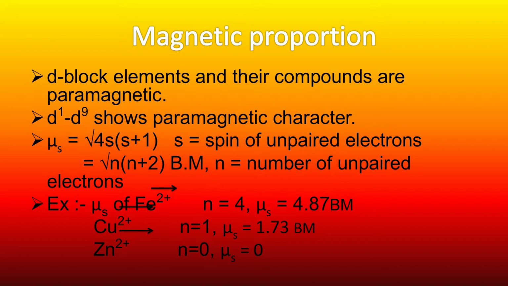At the same time, the same electron also spins around its own axis, and because of that spin, it generates another magnetic field, which has a moment called the spin magnetic moment. That means the same electron produces two types of magnetic field at a time because of its different motions.